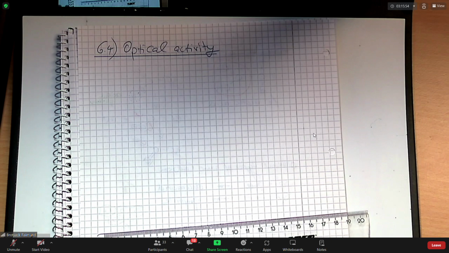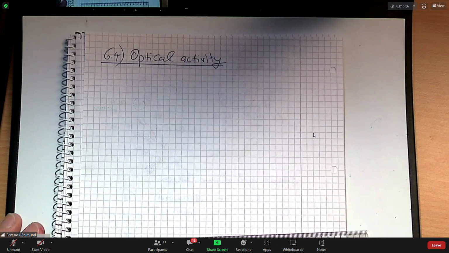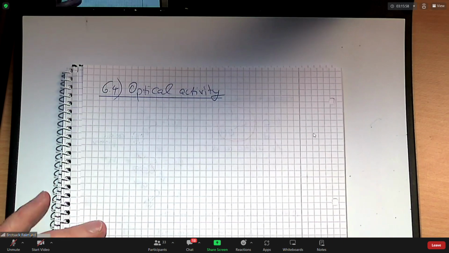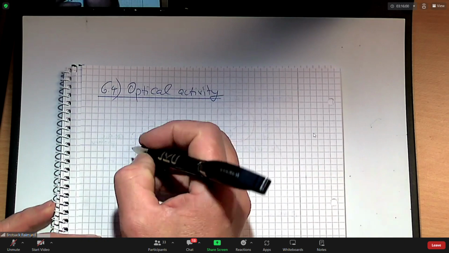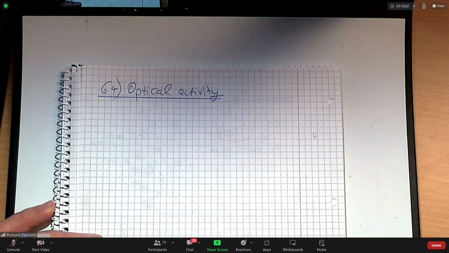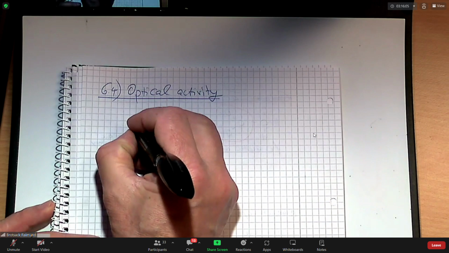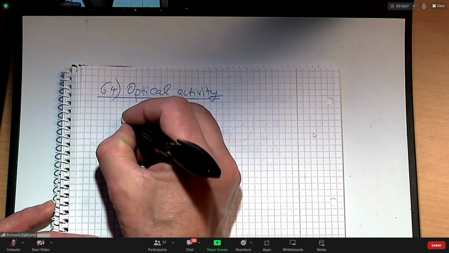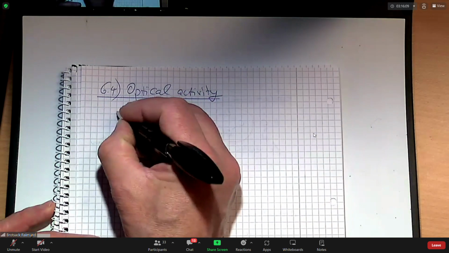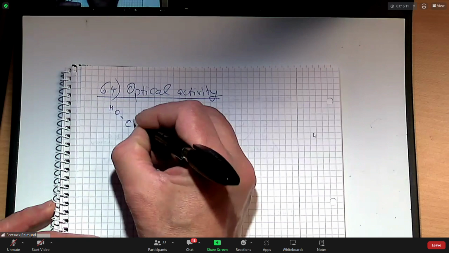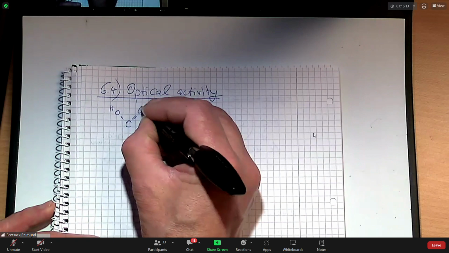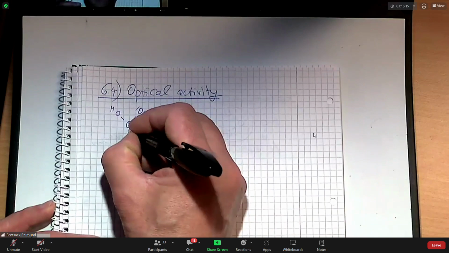I'd like to show you an example. The lactic acid. The lactic acid is an organic acid. So we have here the acid group, which is OH and carbonyl on one end.